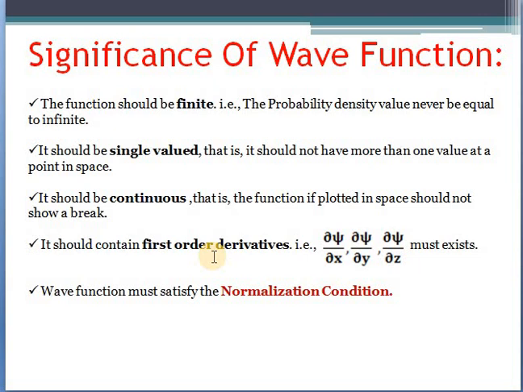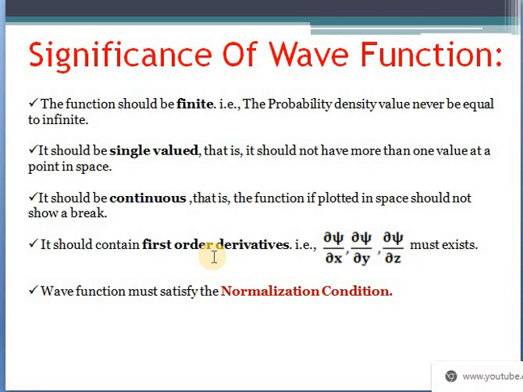That means by calculating the probability density value, you should get a finite value, but not an infinite value. Second, psi must be single valued. That means at any instant of time it should have only one value. And it should be continuous. So if you plot the psi value, it should be a continuous graph without any breaks.